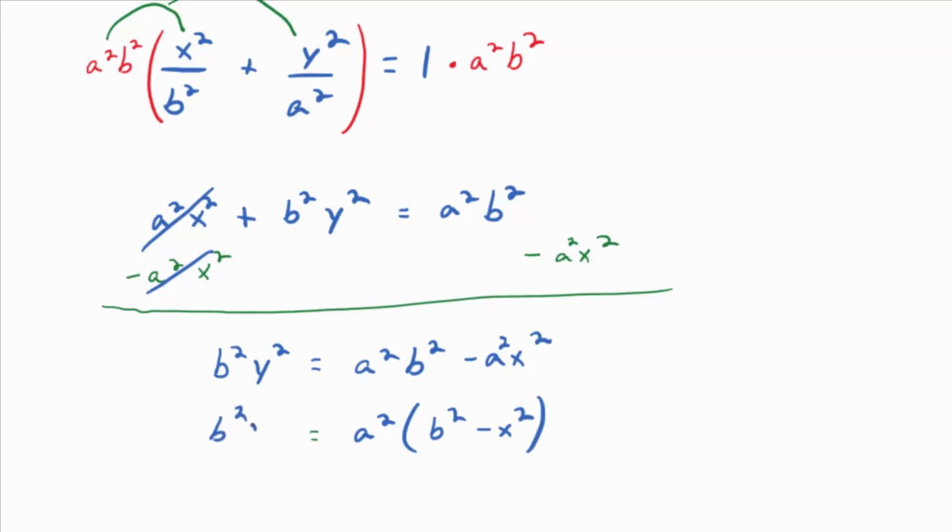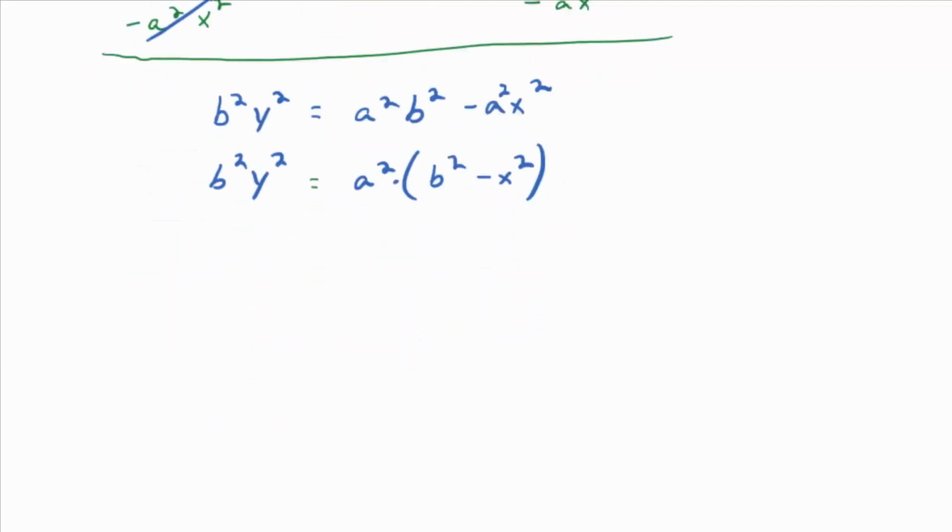Left side doesn't change. And then you undo this multiplication by division. Reverse that multiplication by division, and then to balance things out, you do the division on both sides. So divide both sides by b squared minus x squared to get a squared by itself. Does everybody agree with that?